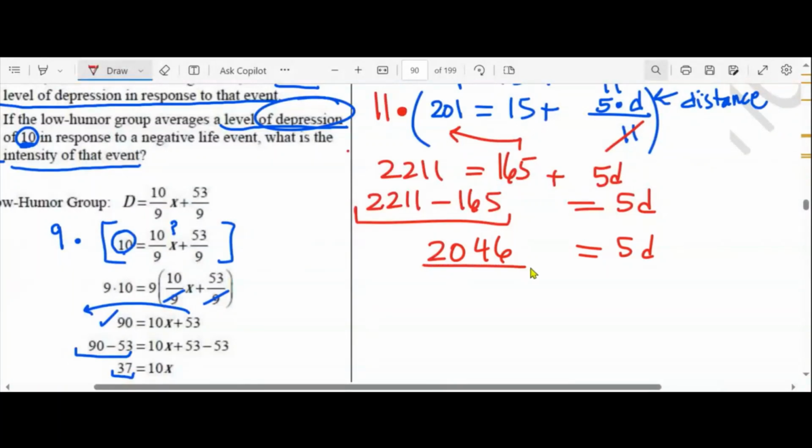Now what should I do? Divide by 5. Calculate and tell me. D equals 409.2.